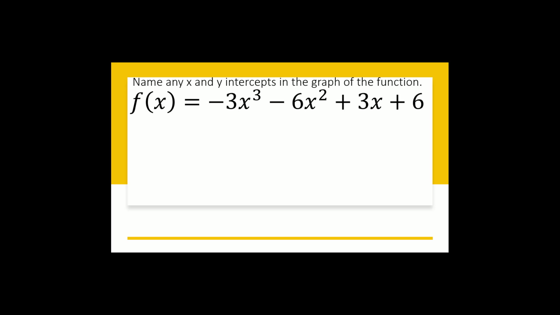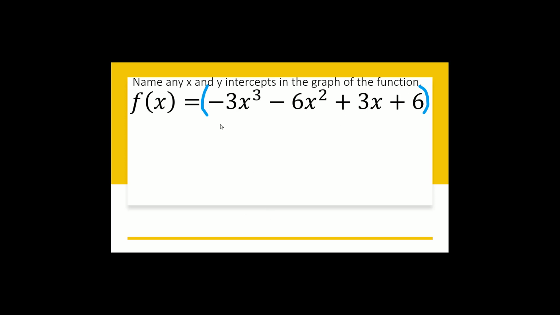Alright, now we have another function. We want to name any x and y intercepts in the graph of the function. So if you remember, we start by factoring, and we have everything over on one side, so we'll begin by factoring. Now, if you don't feel real confident with factoring, you can use Math Papa factoring calculator or any factoring calculator to factor.